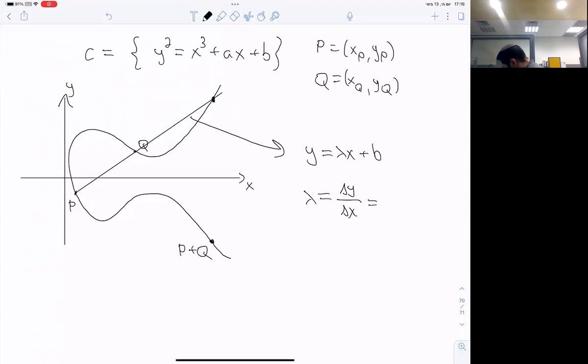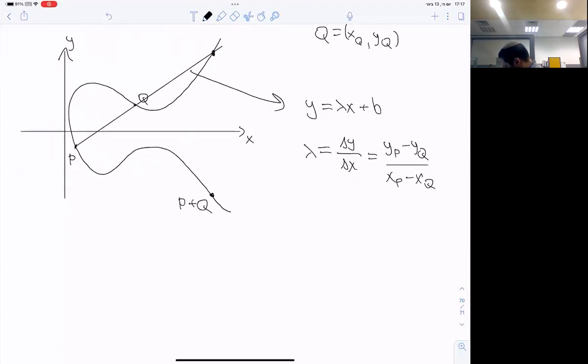I mean, YP minus YQ divided by XP minus XQ. So we found lambda. Now we want to find this third point, and then to reflect is not a problem.